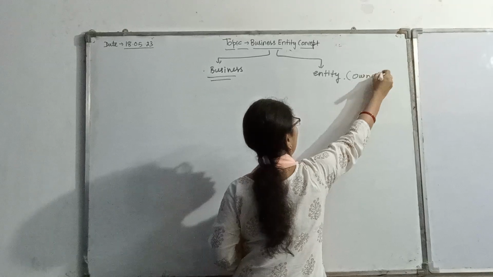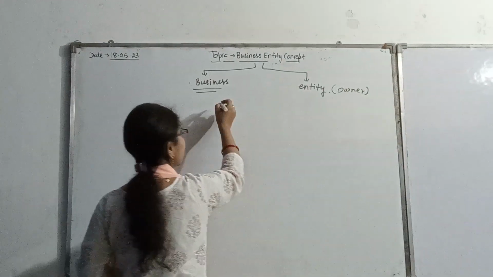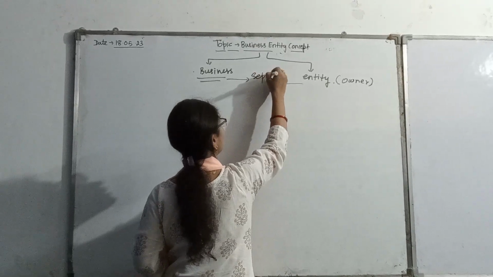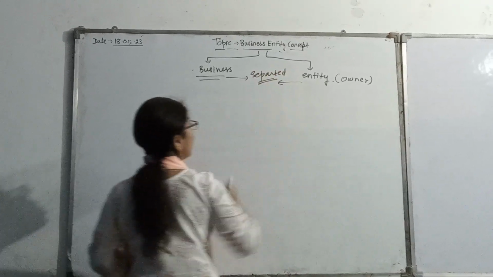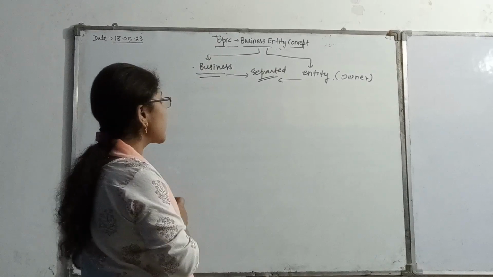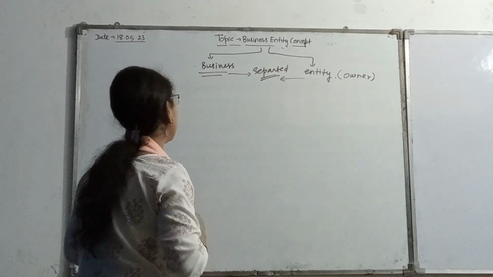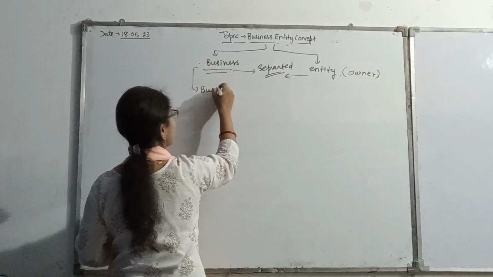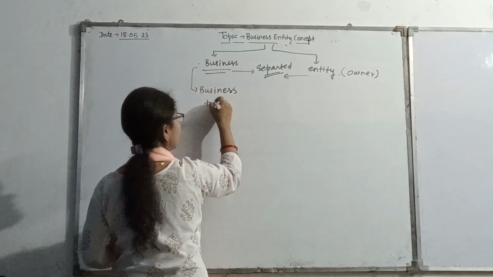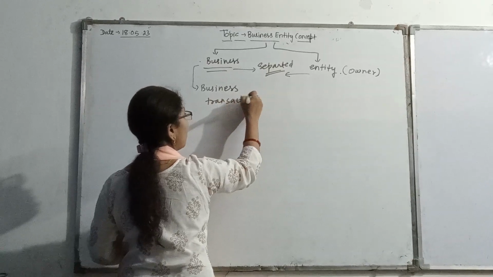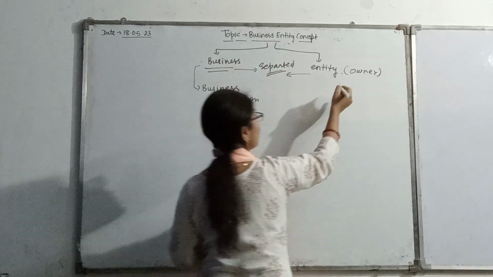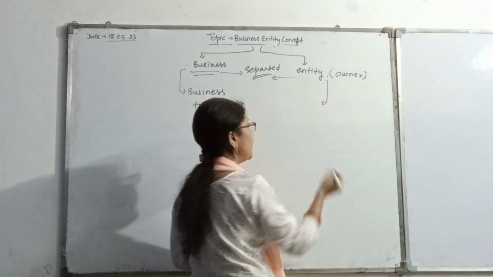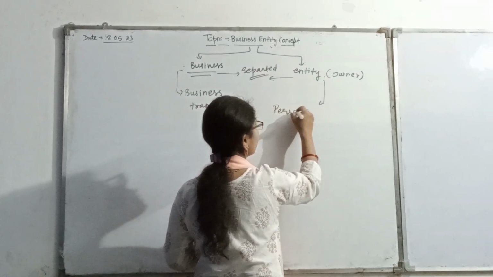In this concept, the business is separated from the entity or the owner. The transactions relevant to the business are business transactions, and the transactions related to the owner are day-to-day transactions or drawings, the personal transactions.